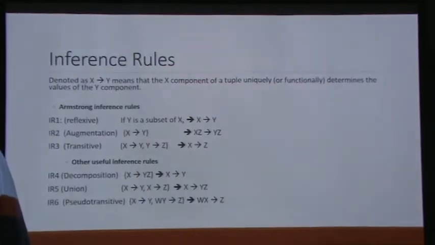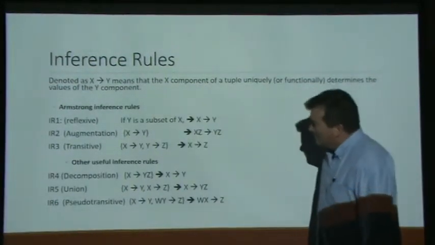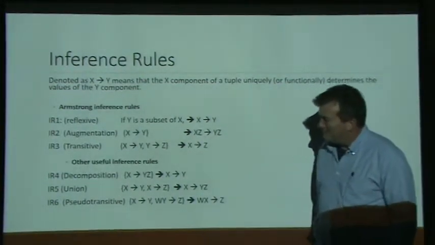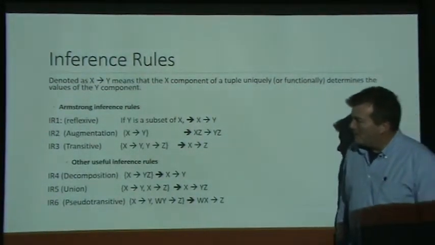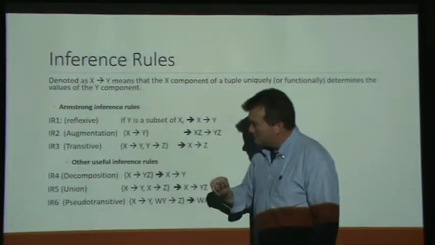So we'd like to know some rules about functional dependencies, and being good at these rules will help us in being a better database administrator. So we have what are called the Armstrong inference rules.